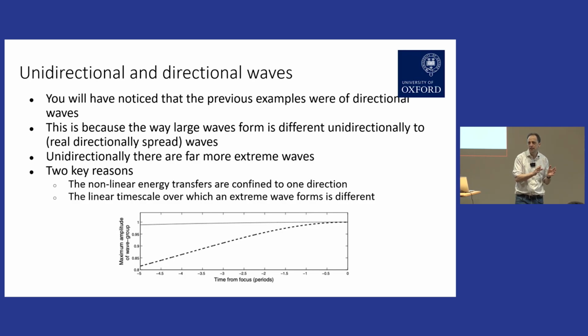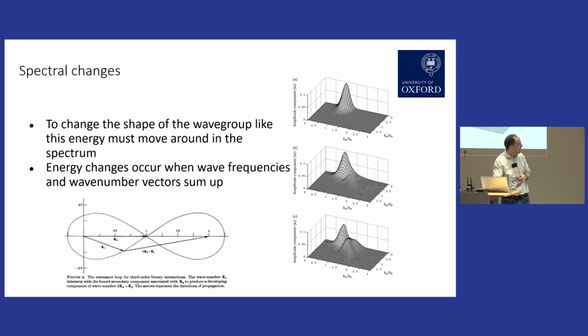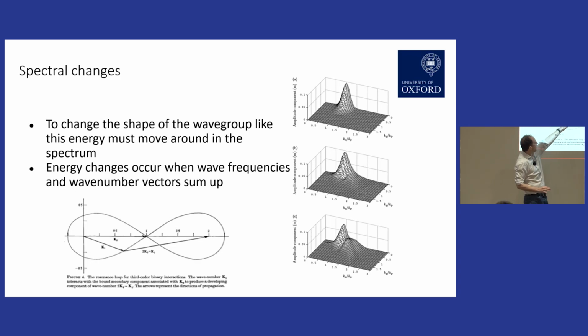One reason is that if we think about that Phillips diagram, which I know was quite hard to understand when you haven't seen it before, you can see here that this wave number is going in a different direction, and this one's going in another direction again. If we only have unidirectional waves, we're just confined to interactions along this line here.